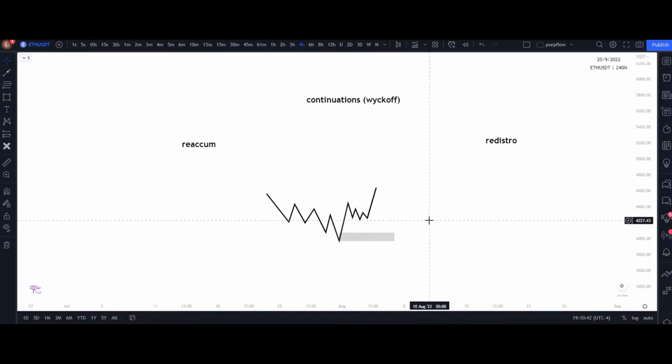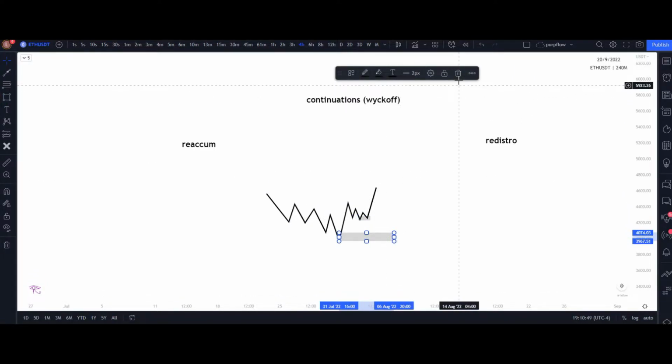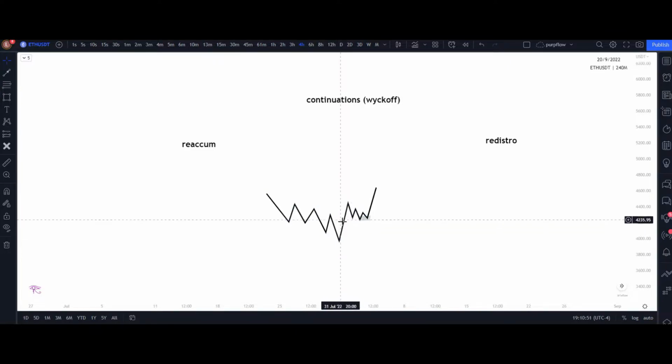What that does is introduce new demand. So this is actually our most recent demand versus this candle down here. Now that we've liquidated longs and broke structure to the upside, we have the higher low in place because we have introduced demand. That's how our reaccumulation comes forth, and that's how we see the continuation.